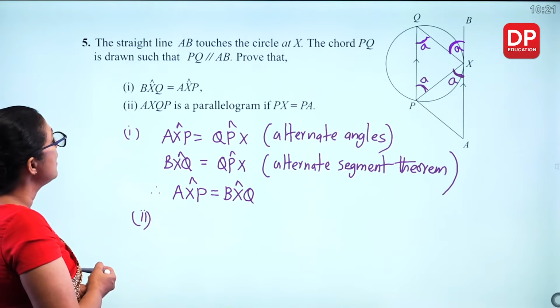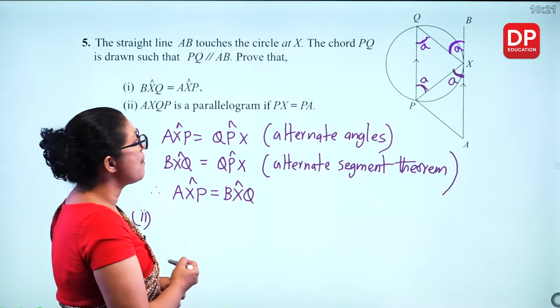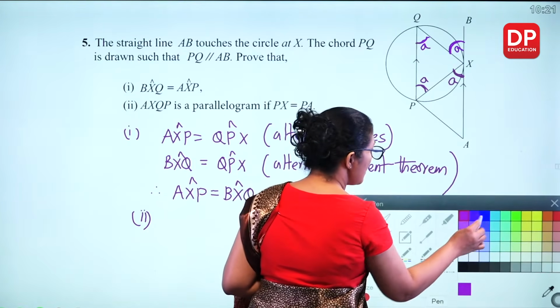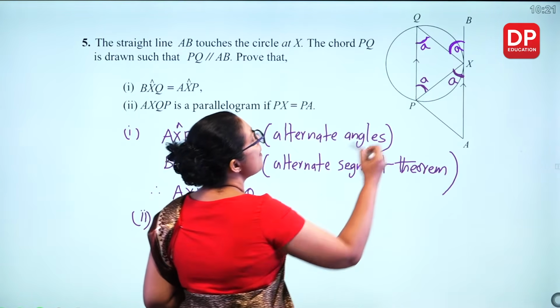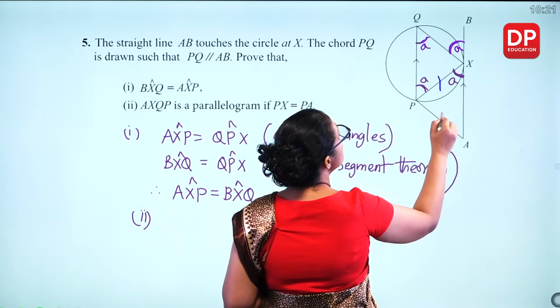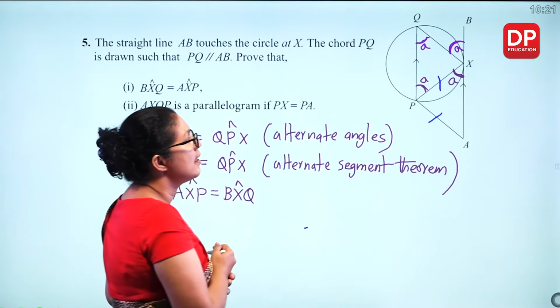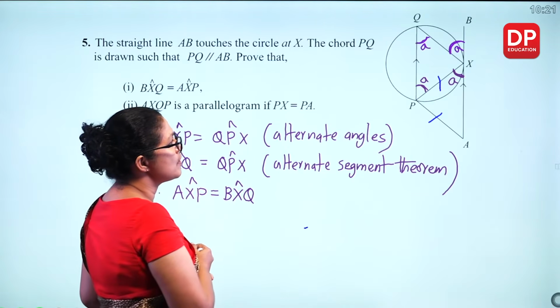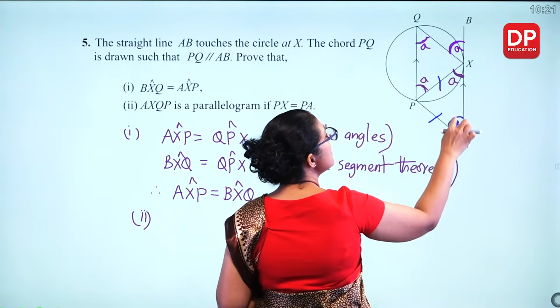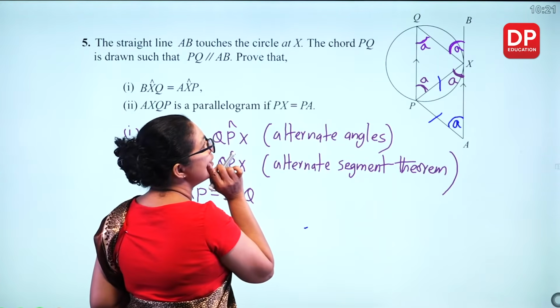Now look at the second part. AXQP is a parallelogram if PX equals PA. PX equals PA. These two lengths are equal. Then what can you say about this angle? This is A, isosceles triangle.